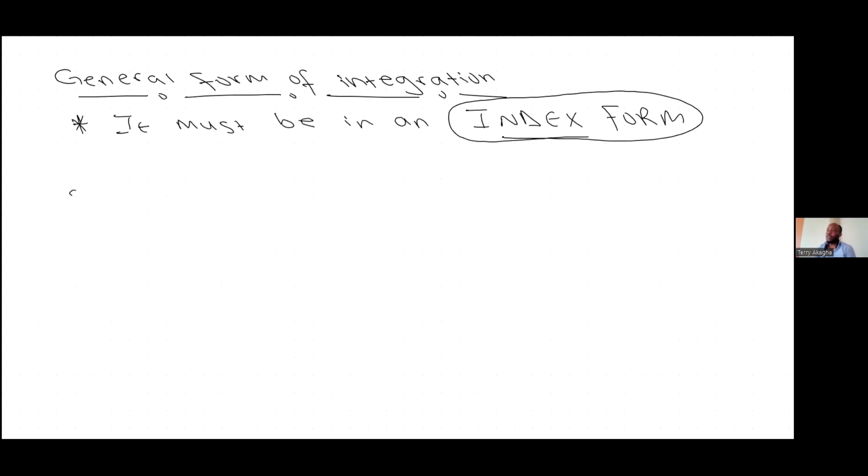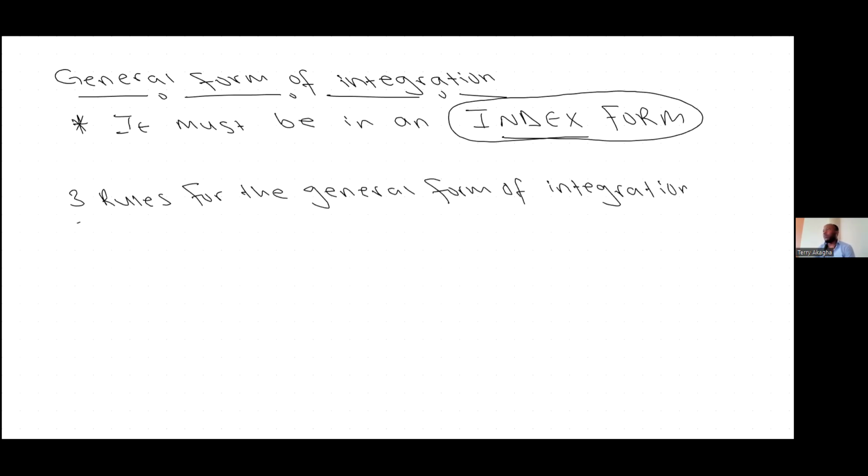I'm going to write it down here quickly. So for the general form of integration, there are three rules that you need to keep in mind. The first thing is that you add 1 to the power.